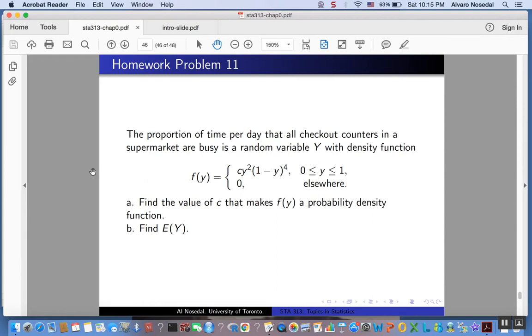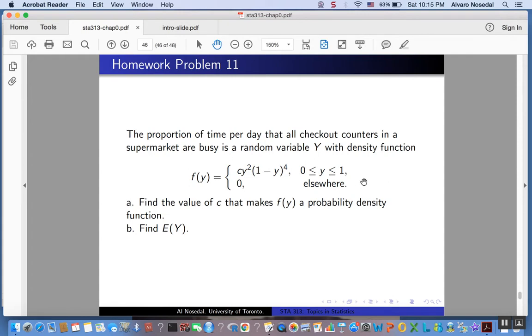We have this function f(y) equal to c times y squared times (1 minus y) to the fourth power, and that applies for y's between 0 and 1, and that PDF is going to be 0 elsewhere.